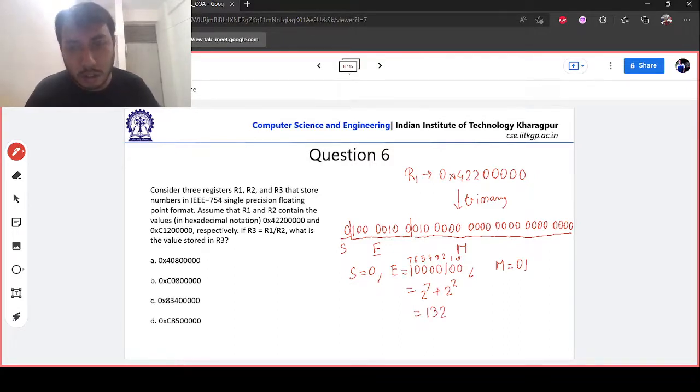So the value is minus 1 to the power of 0, into 1.01, this M part comes here, into 2 to the power of 132 minus 127.